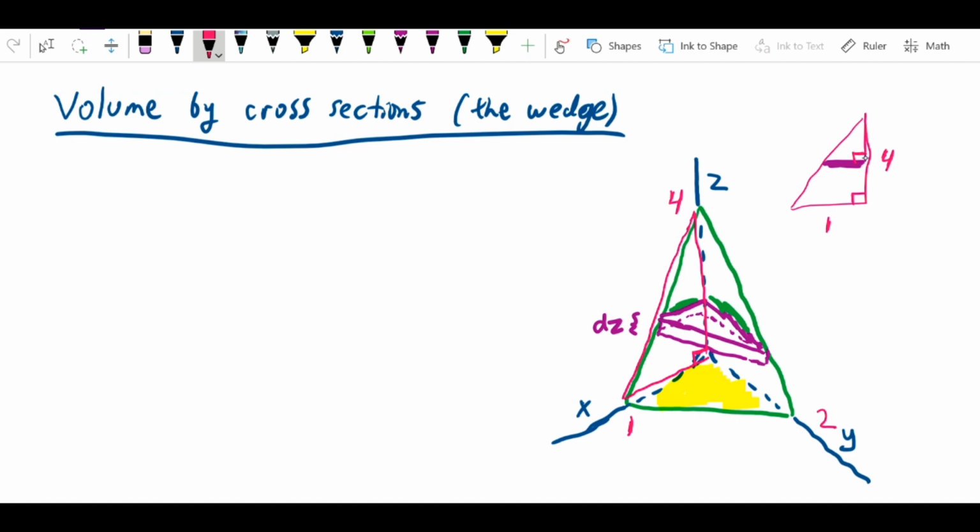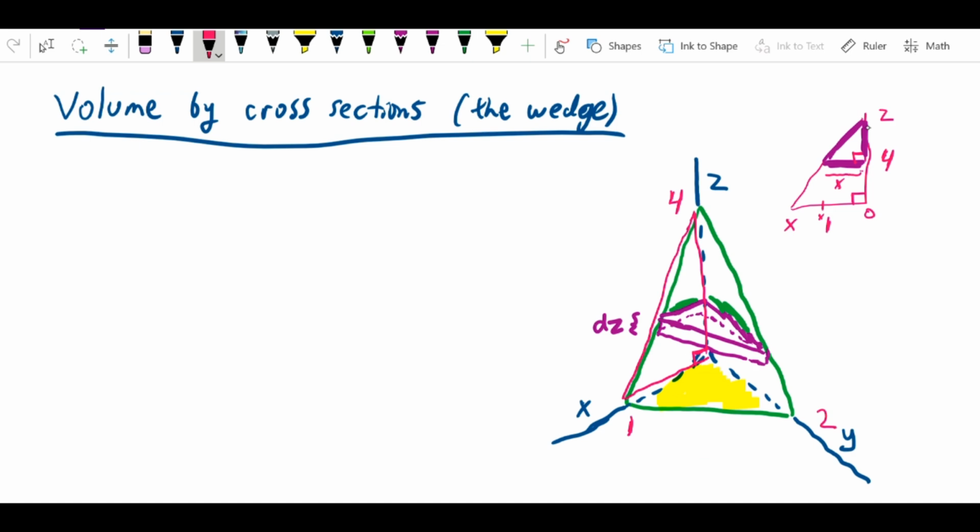So the question is, what are the dimensions of that triangle? Well, if I pick a point, let's see, this is the x-axis and this is the z-axis. If I pick a point on the x-axis like this, let's call it x, then what you can see is that since this is going to be 0 on the x-axis, the length of this side is x.